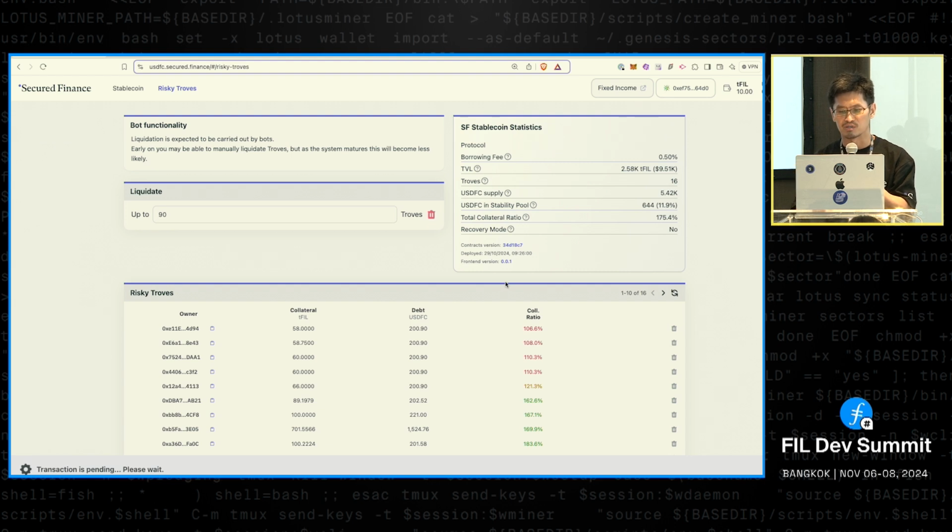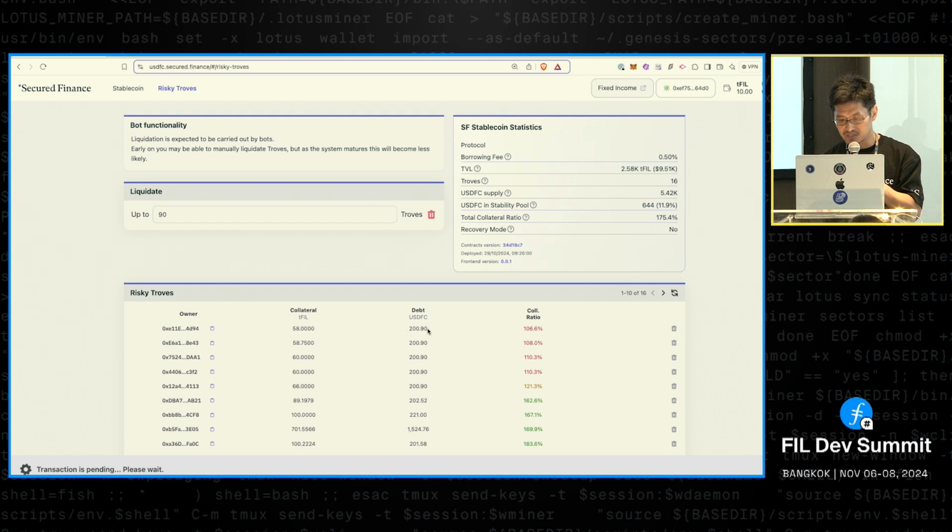How it works, basically, is this guy triggered the liquidation using the liquidity in the stability pool, USDFC, to repay this bad debt. And once the transaction is done, this trove will be gone. What happened?